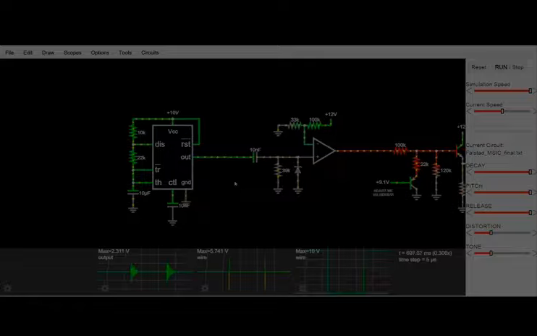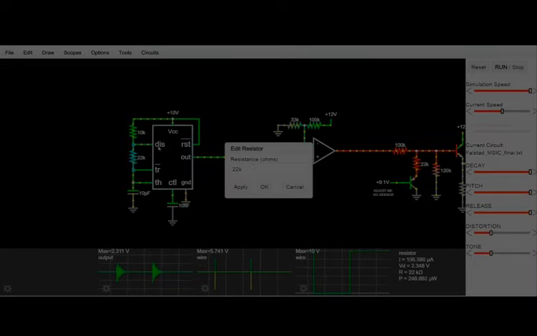The output varies from 0 volts to 10 volts with a duty cycle of approximately 40%. Now, to tackle this problem, we have also used a 1N4148 fast switching diode in parallel with this 22K resistor so that the duty cycle remains somewhat constant.